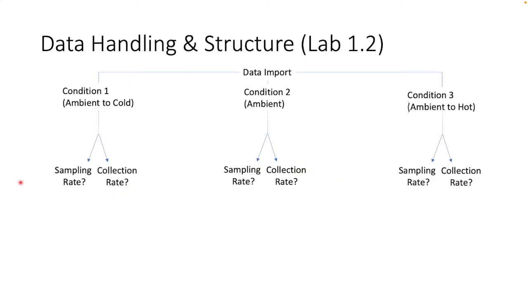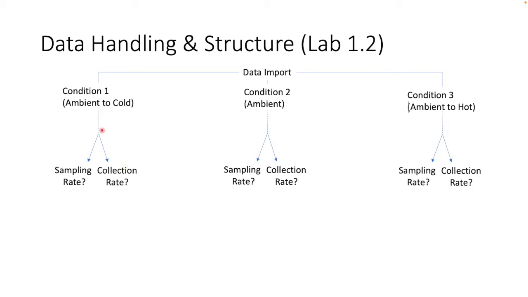Similarly, for Lab 1.2, going rather bottom up for a moment here, we see that a similar analysis is being done for the commercialized and perhaps the homemade as well. What differs for each of those outputs is the relative sampling rate and collection rate that we're now interested in looking at.